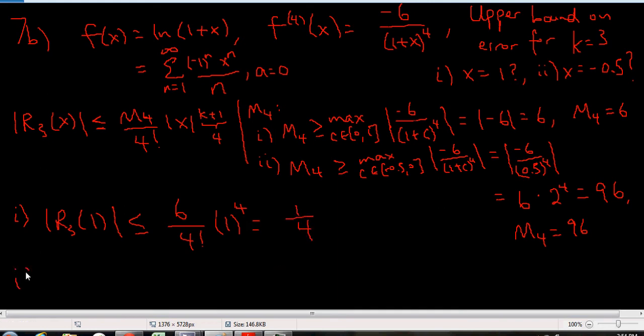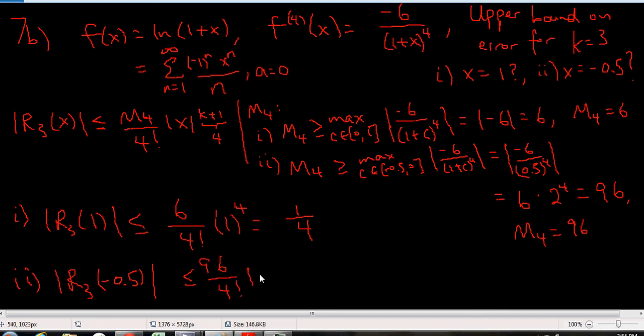Now what about the case where R3 of negative 0.5? So this is going to be less than or equal to, and I've picked M4 to be 96, over 4 factorial times negative 0.5 to the 4. And to be super safe, you could put absolute value signs here.